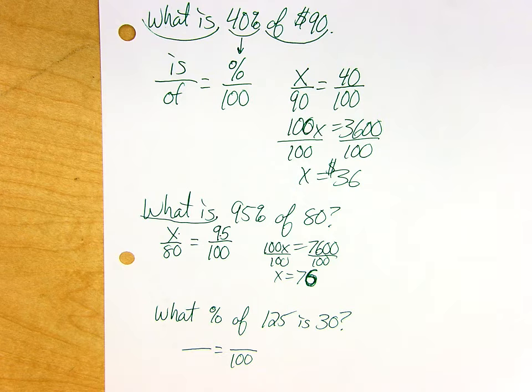If I imagine this was a test and I only got 30 out of 125 points, my percent grade is going to be pretty low. Is it going to be higher than 50%? No, it certainly shouldn't be, because half of 125 is 62 and a half, and I have less than that. So I'm expecting something less than 50% as my answer.